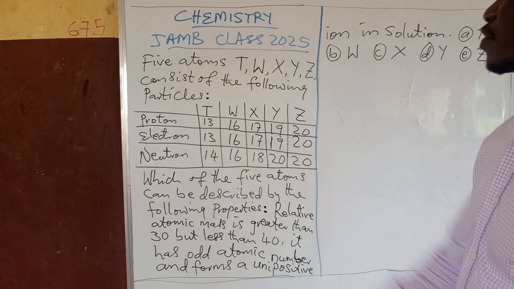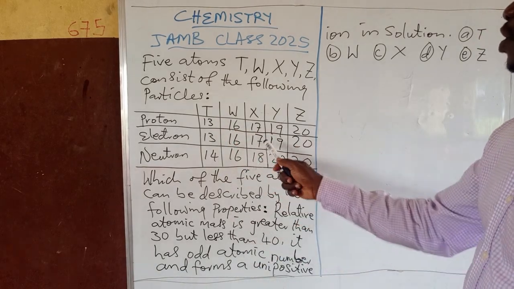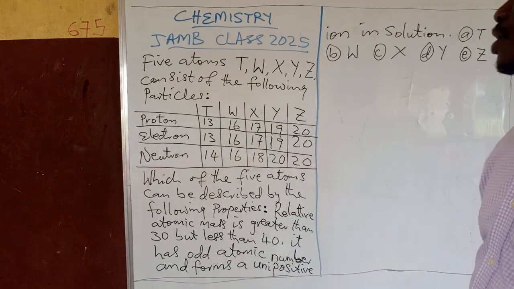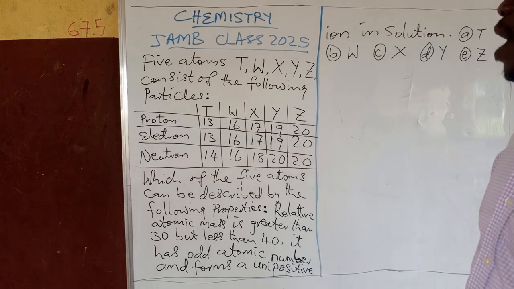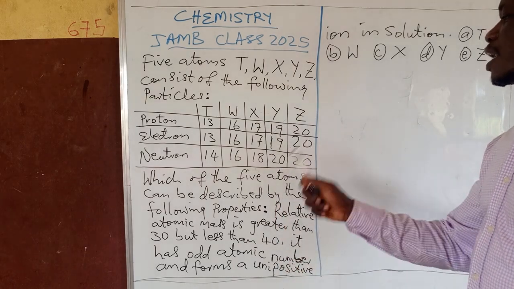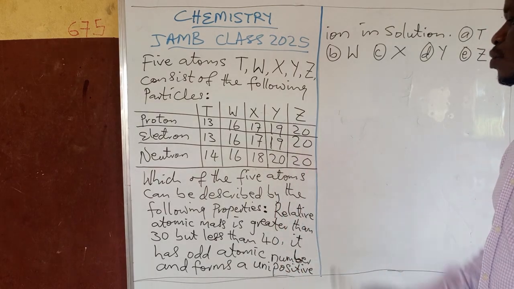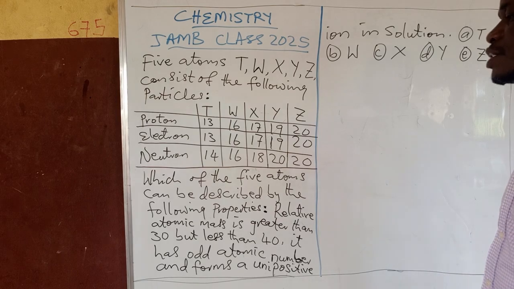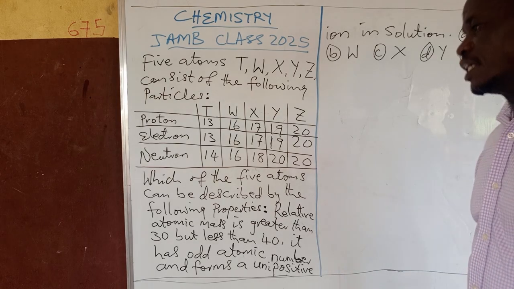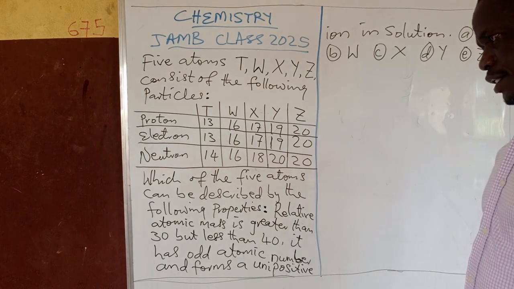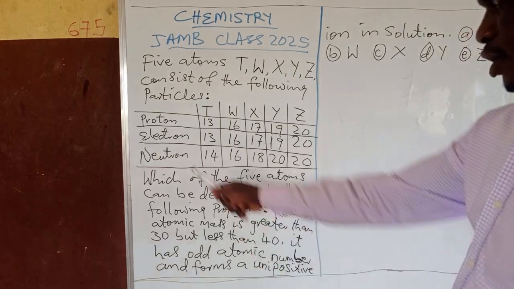For X, proton 17, electron 17, neutron 18. For Y, proton 19, electron 19, neutron 20. Then Z, proton 20, electron 20, and neutron 20.